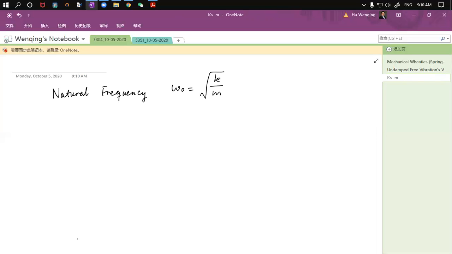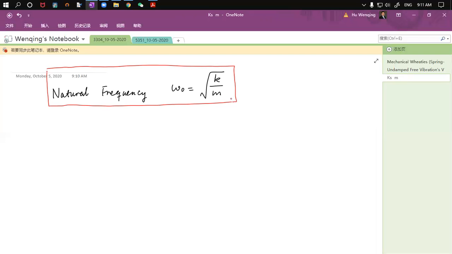No matter what kind of mechanical vibration problem you encounter, you must be able to calculate the natural frequency. This is a formula that you have to memorize.